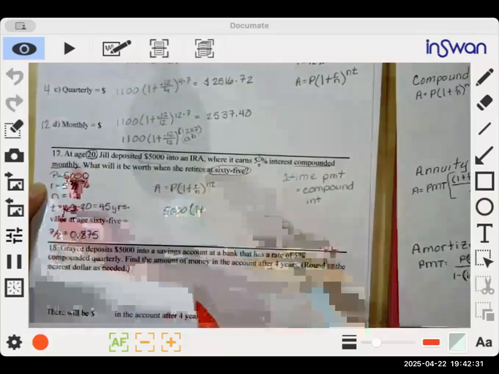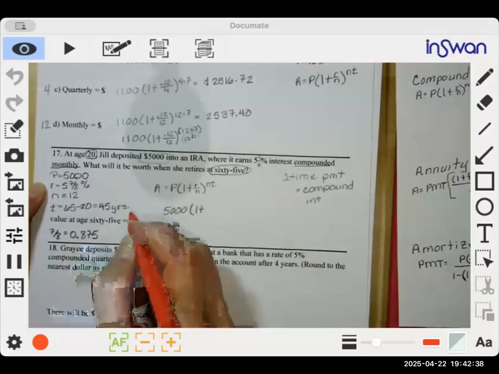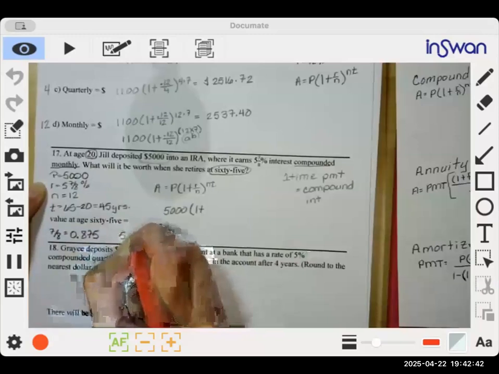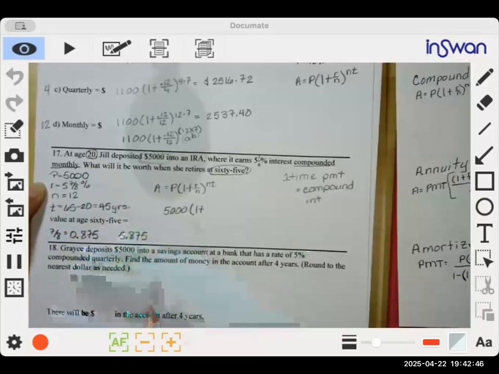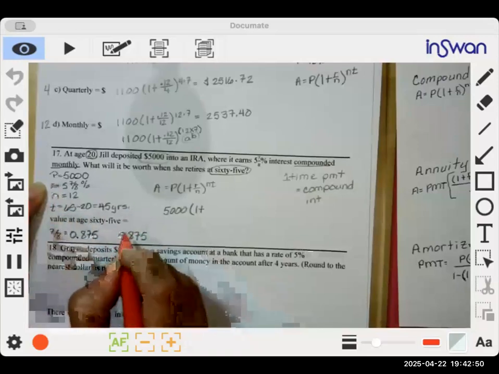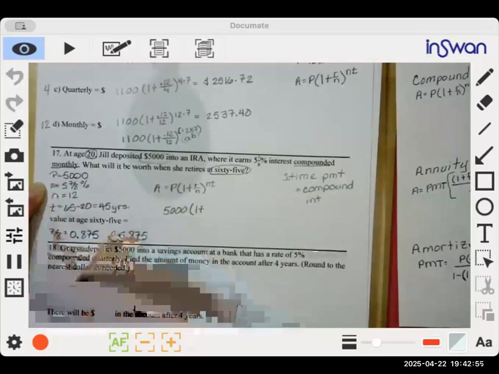I have to do it every time, and there's nothing wrong with that. So we have 5.875, but we still need to move our decimal point over 2 times to the left. So that's going to be a 0 there.